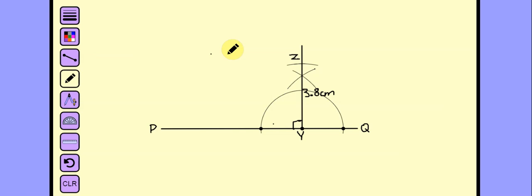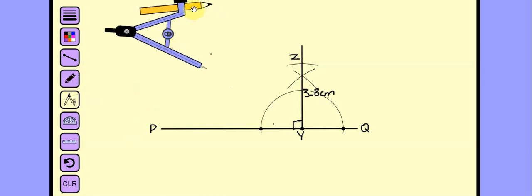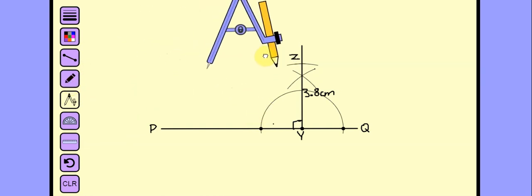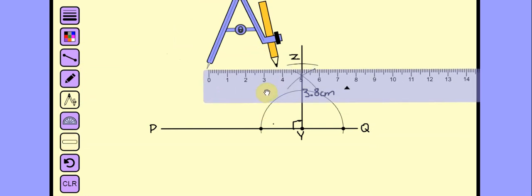Now we know where Z is, so all we have to do is open our compass to 6.6 centimeters, and using point Z as the center, we scribe an arc to cut the line PQ 6.6 centimeters away from Z. So let's do that. So we're going to open our compass to a separation of 6.6 centimeters.